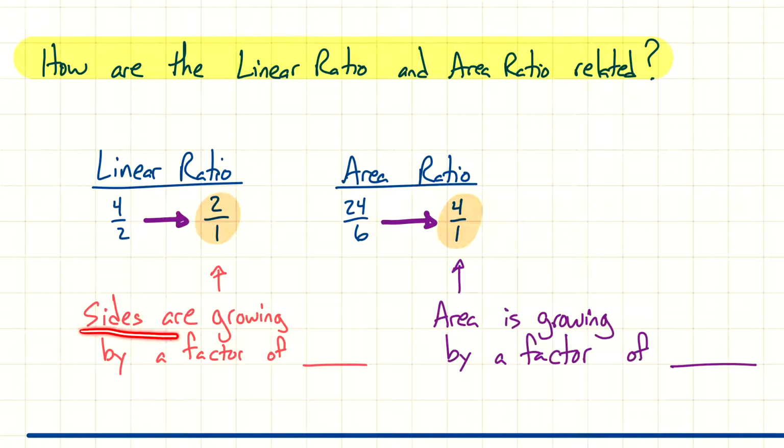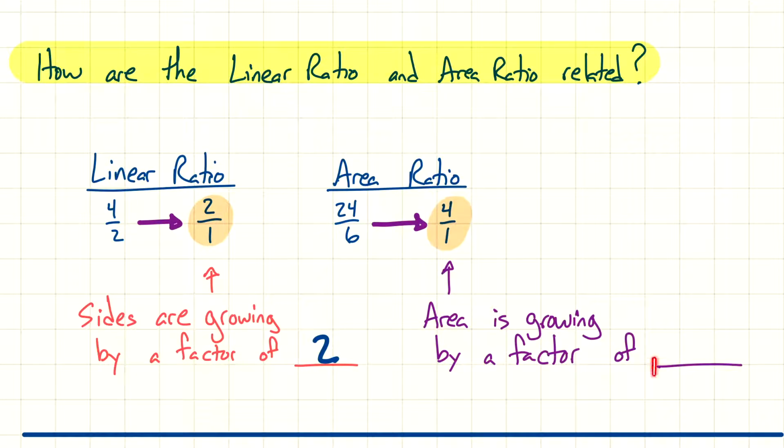So we know that the sides are growing by a factor of 2. The sides were twice as big. And the area is growing by a factor of, you tell me.